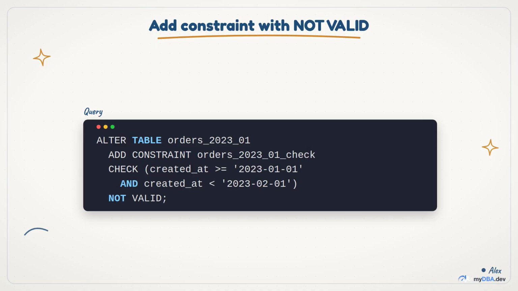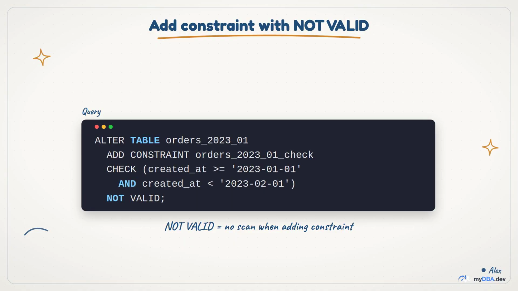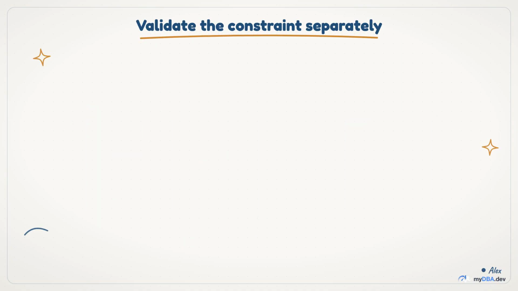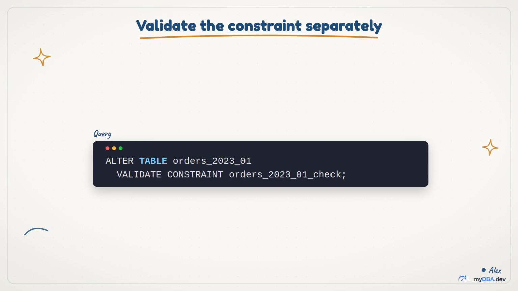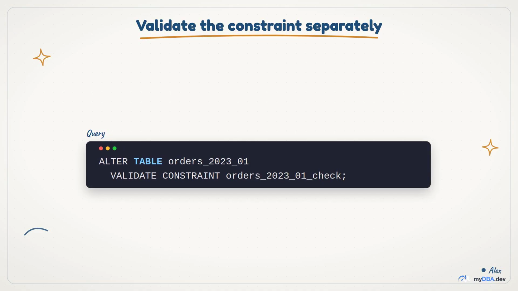After adding it, you run alter table validate constraint in a separate transaction. That does the scan, but it's less disruptive when done separately. This validate constraint command scans the table to prove every row satisfies the constraint. It takes time, proportional to the table size, but it allows reads and writes to continue while the validation runs.